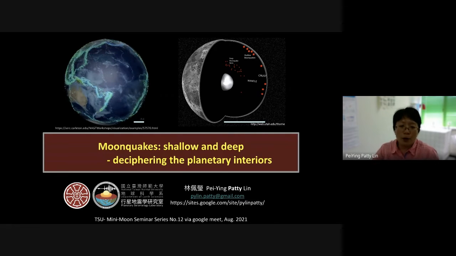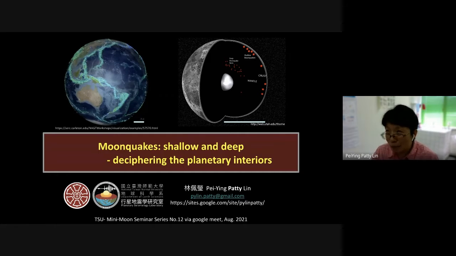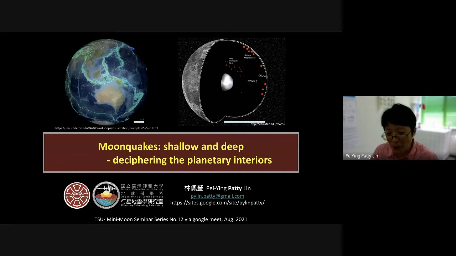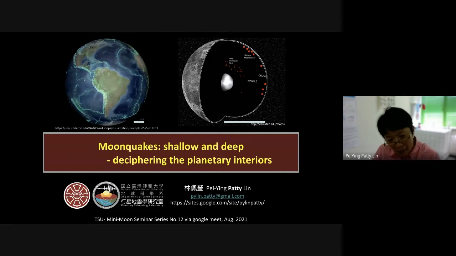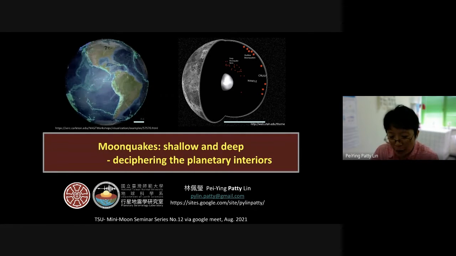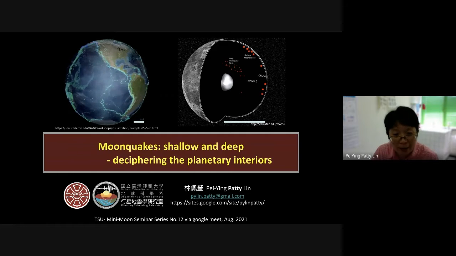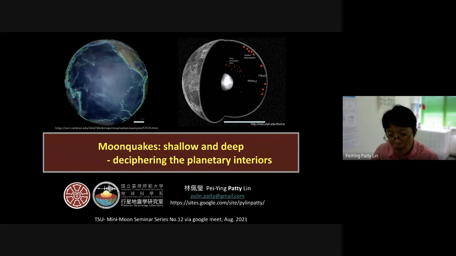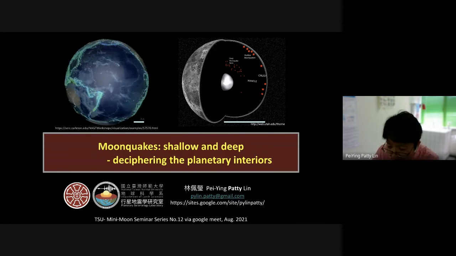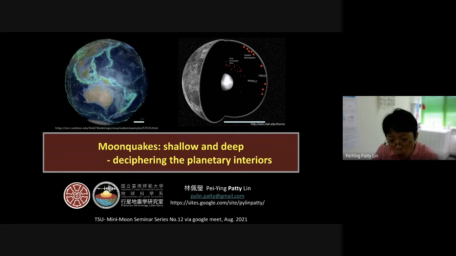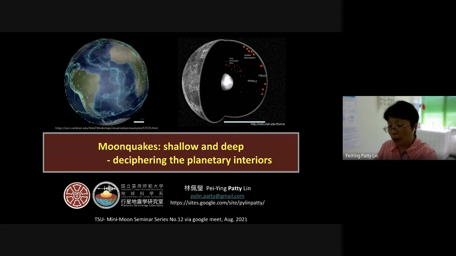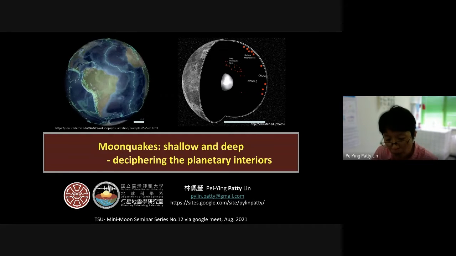Unlike most seismologists, who prefer to deal with high quality data, I have been fascinated, falling in love with the relatively noisy data, but with abundant signals recorded in the ocean bottom or other planets like the Moon and Mars.